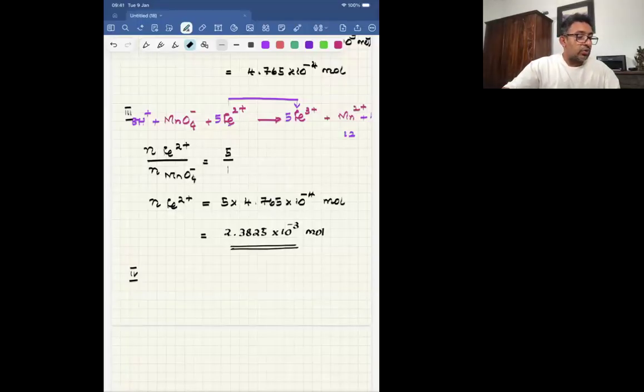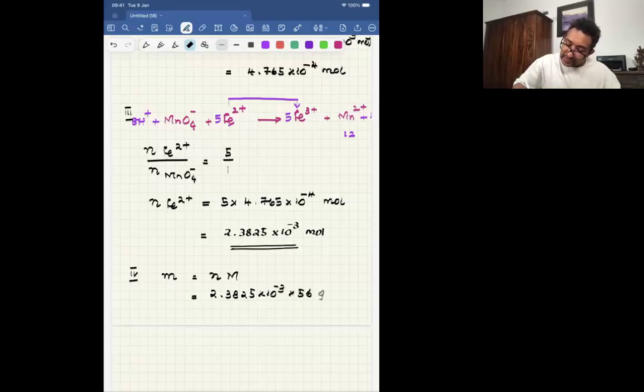Then calculate the moles of iron 2 that got titrated. This is the number of moles of iron 2 that got titrated. Calculate the mass of iron 2 titrated. What is the mass? Mass is equal to number of moles times the molecular mass. So what is the number of moles? 2.3825 times 10 to the power minus 3 multiplied by, we say, 56.